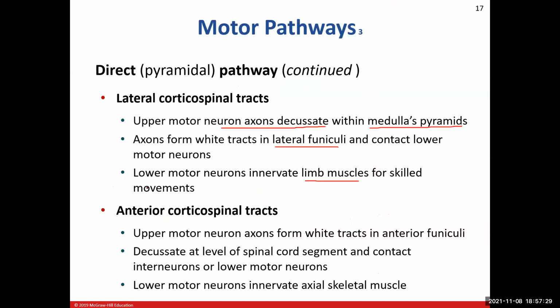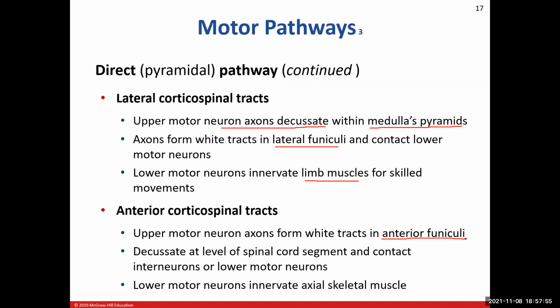All right, the anterior corticospinal tract is very similar in how it originates. That upper motor neuron is going to start off in the primary motor cortex and descend down. In this case, it's going to travel all the way down into your spinal cord in the anterior funiculi. That's that white matter in front of all that gray matter there.